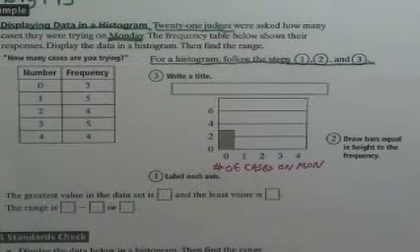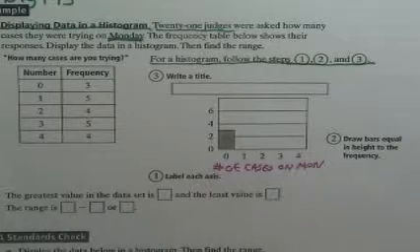I know mine is kind of long, but I wrote down number of cases on Monday. That's going this way. 0 cases, 1 case, 2 cases, 3 cases, 4 cases. Now on the y-axis here, I'm going to put down judges.